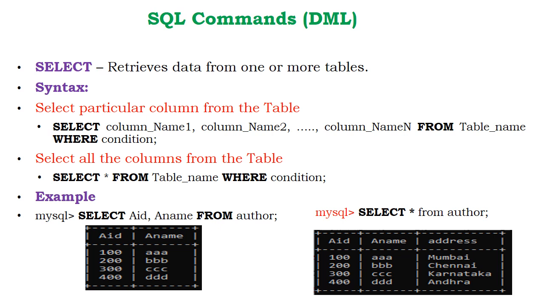So SELECT star FROM table name WHERE condition. It will show all the columns from the table. For example, if you want to show particular columns, we will mention SELECT author ID, author name FROM author. And next, if you want to show all the details from author, we will mention SELECT star FROM author. It will display all the columns from the table.